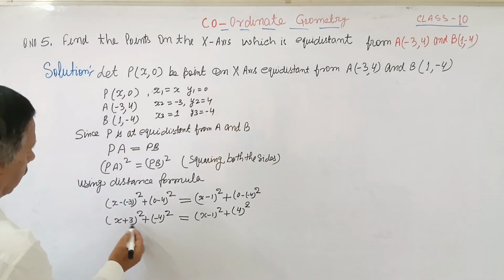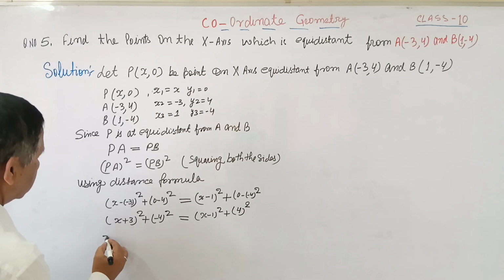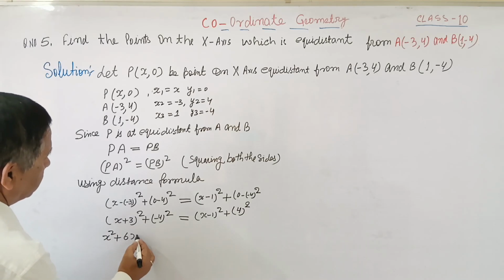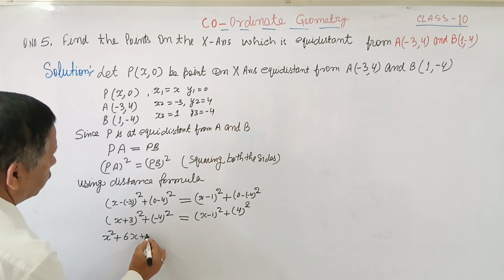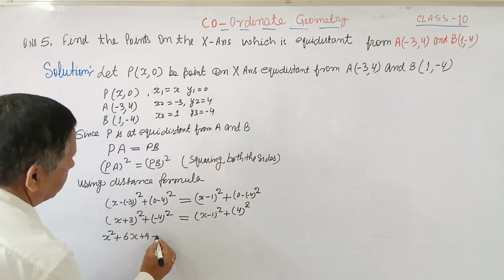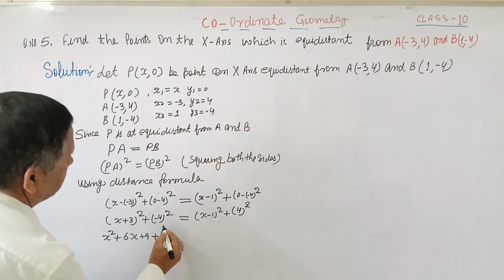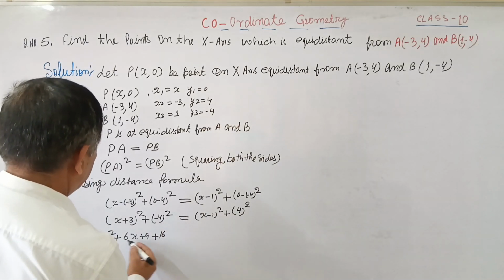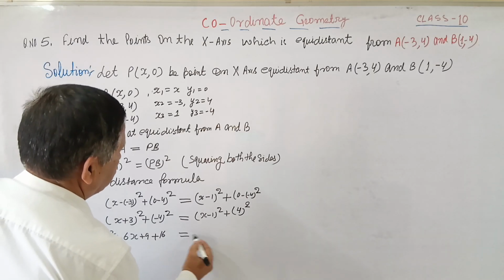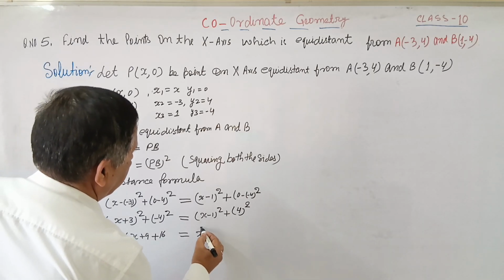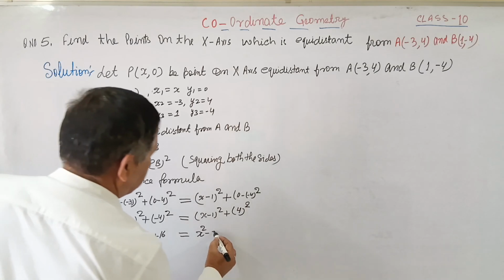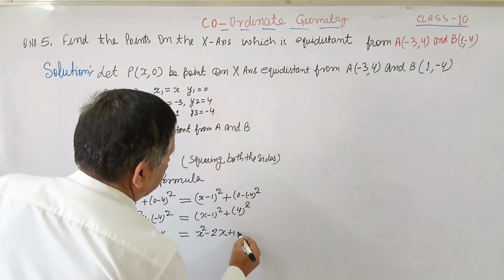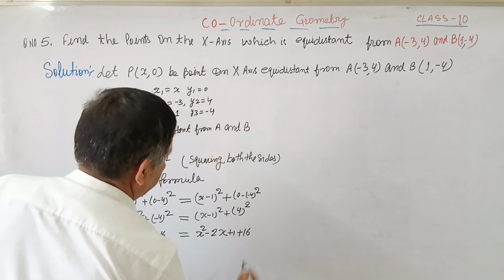Now we will use the formula a plus b whole square, that is x square plus 6x plus 3 square means 9 plus 16, 4 square is 16, equals to x square minus 2x plus 1 plus 16.